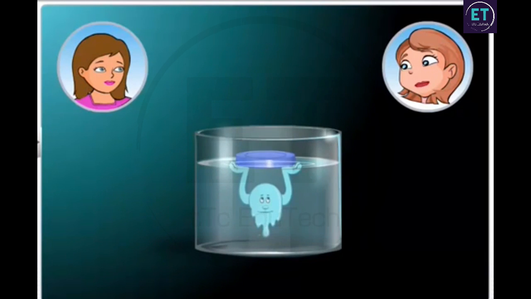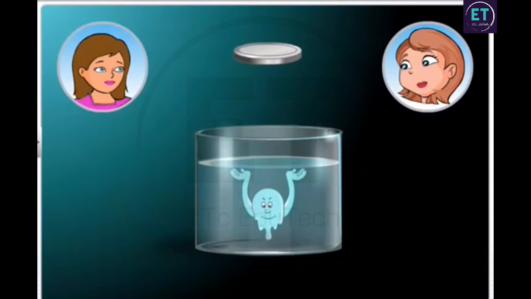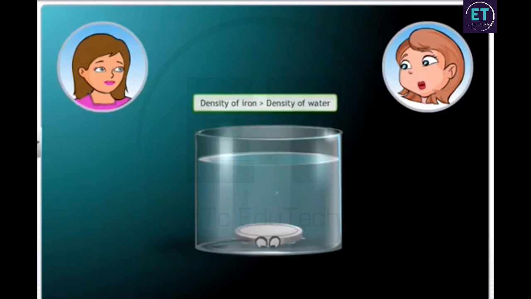The plastic coin floats in water because the density of the plastic coin is less than the density of water. Therefore, the upthrust of water on the plastic coin is greater than the net weight of the coin. On the other hand, the iron coin sinks because the density of the iron coin is higher than the density of water.